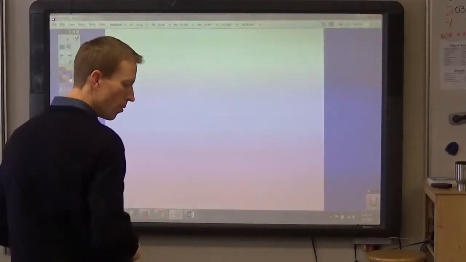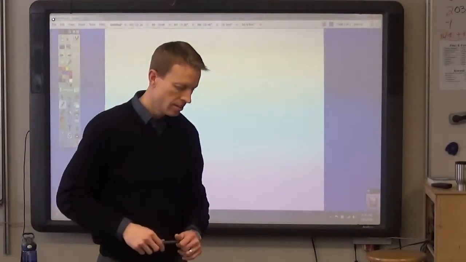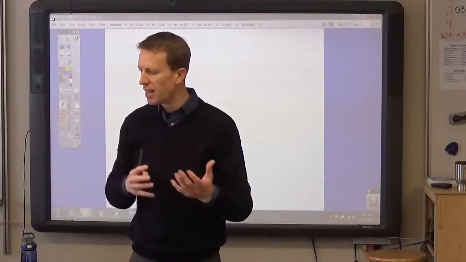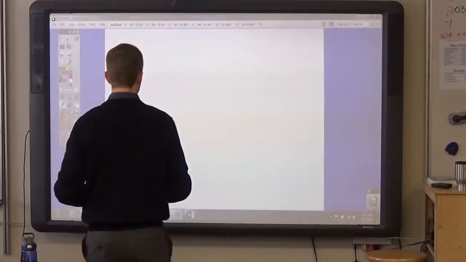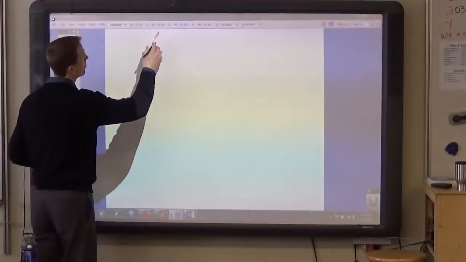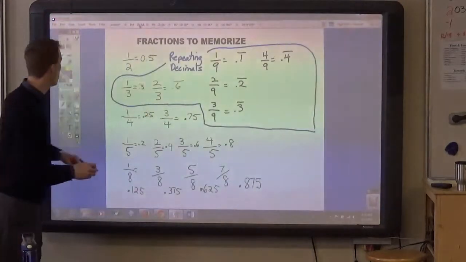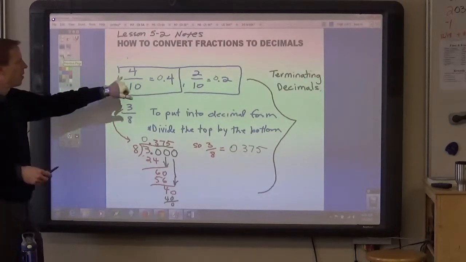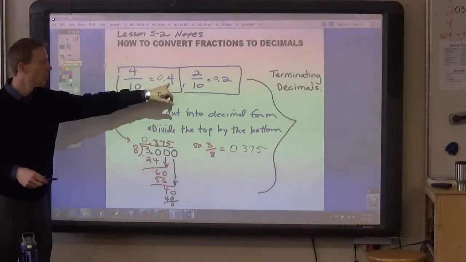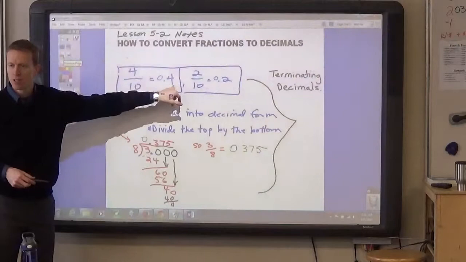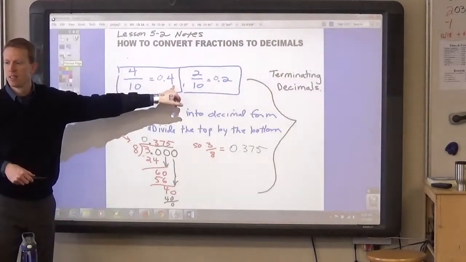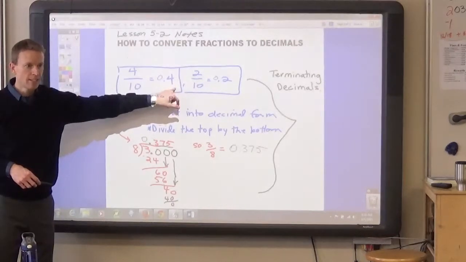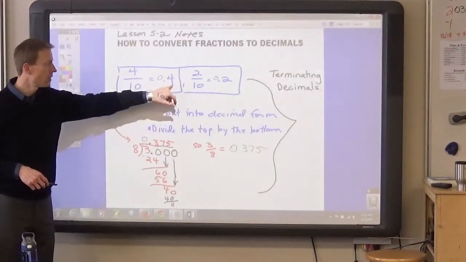This one is about repeating decimals, changing fractions to decimals and decimals to fractions. So we talked about this before. When you're reading a decimal, the last digit of the decimal tells you the denominator. You can write the number and use the last digit as your denominator.